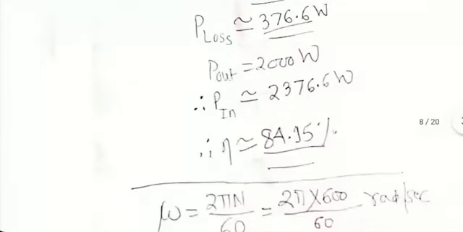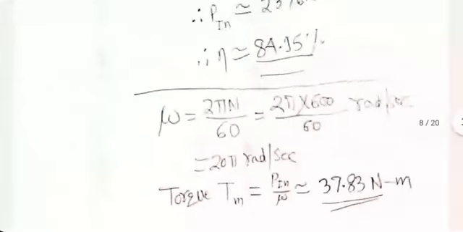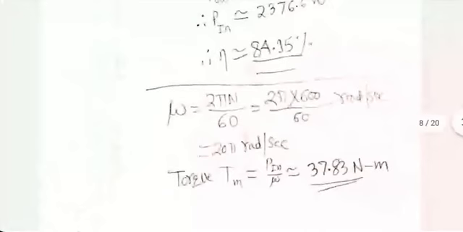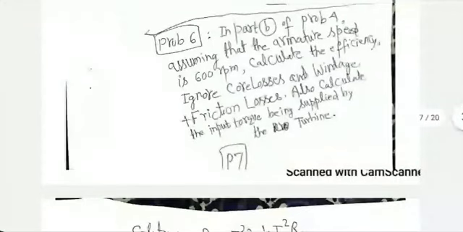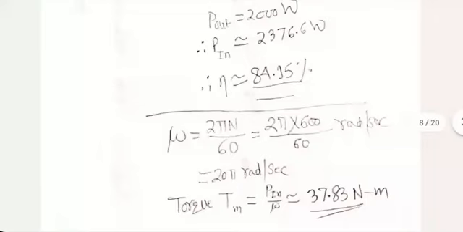Not difficult at all. To calculate the torque, you look at the input power, which is 2376.6 watt, and divide it by omega to get the torque. And omega is 2 pi N by 60. N now is given as 600 RPM. So use this equation, 2 pi N divided by 60, to figure out omega.